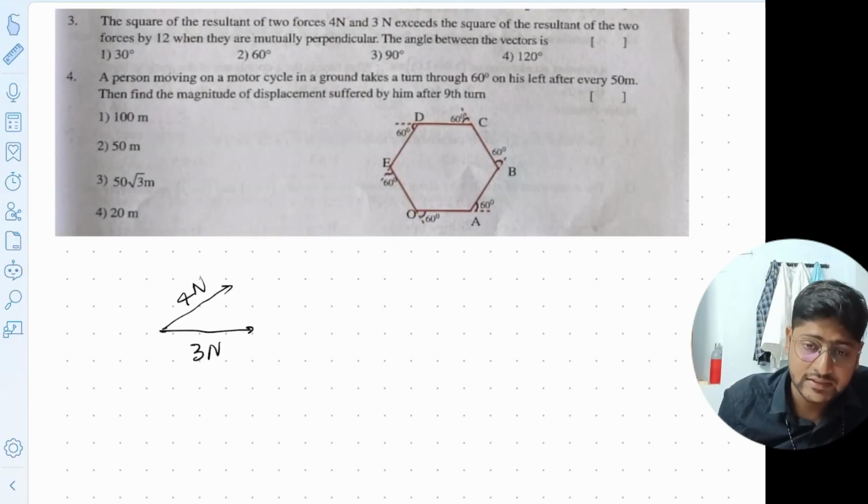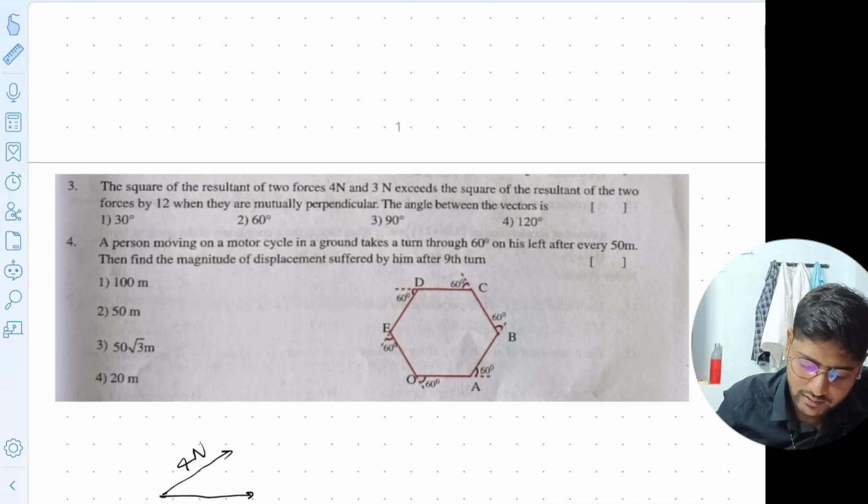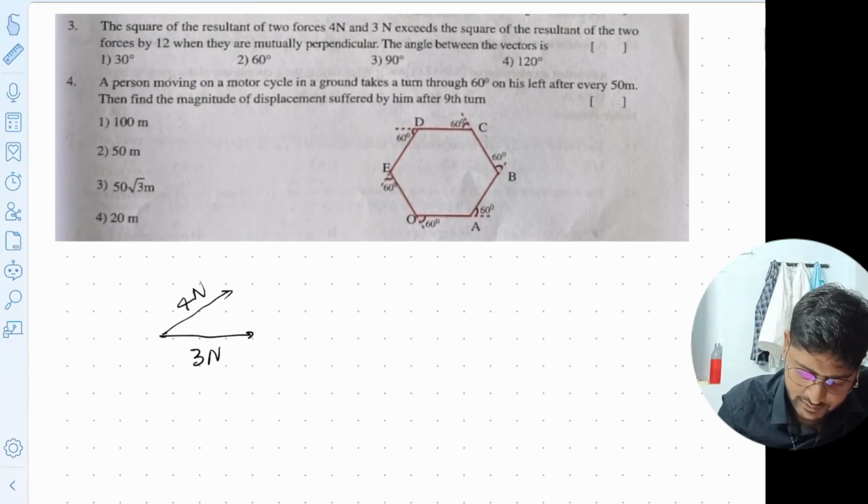So what will be the resultant of this? And we have to do the square of the resultant.